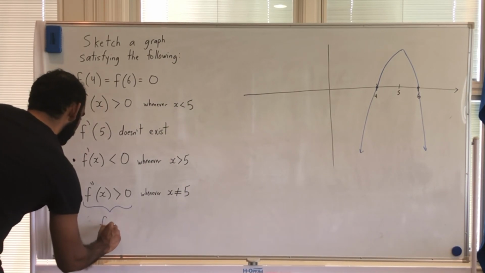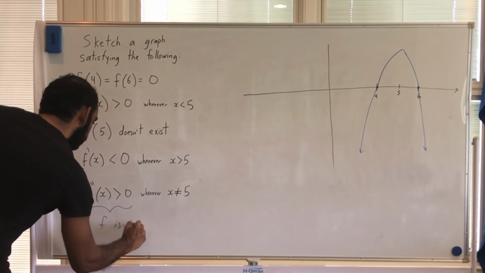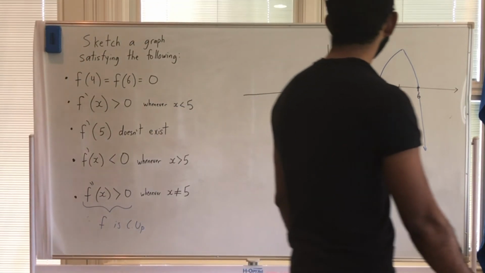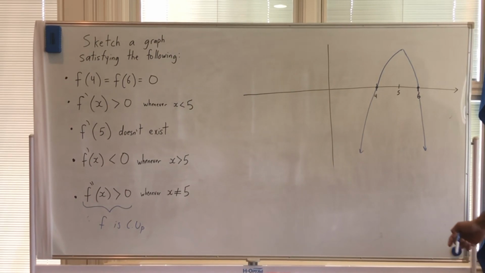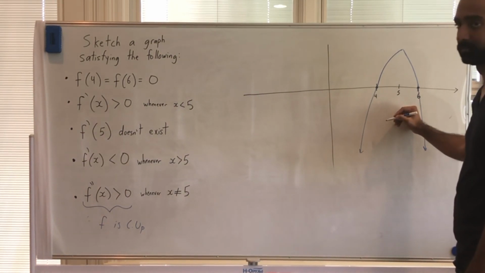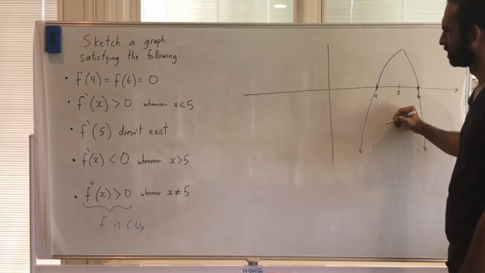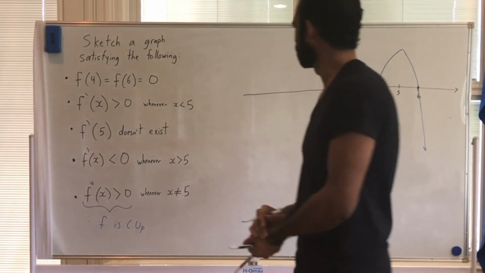Oh, we sketched a concave down graph. So what do we have to do? Just flip it across the x-axis? Flip it vertically, right?